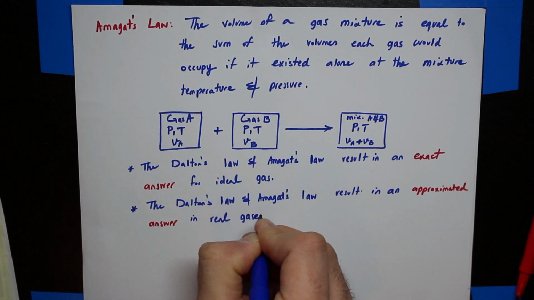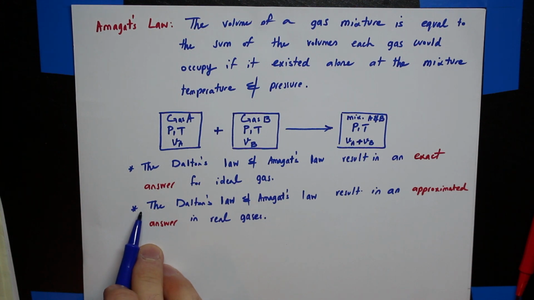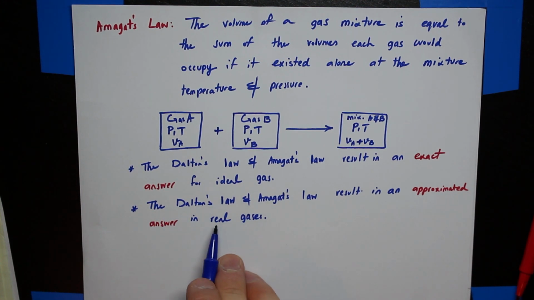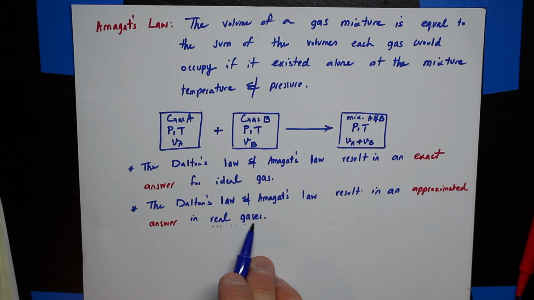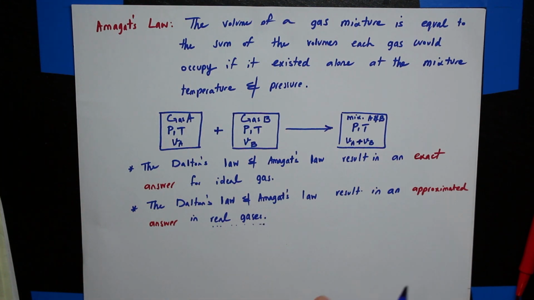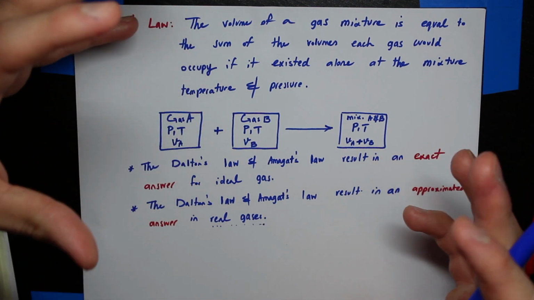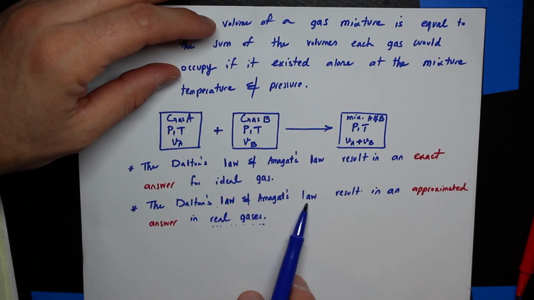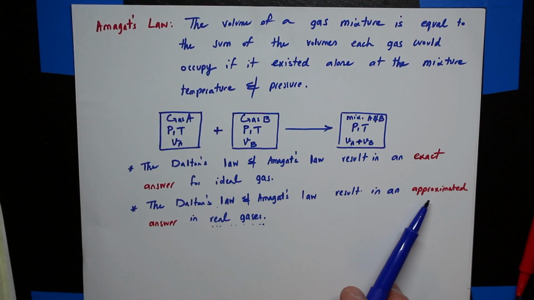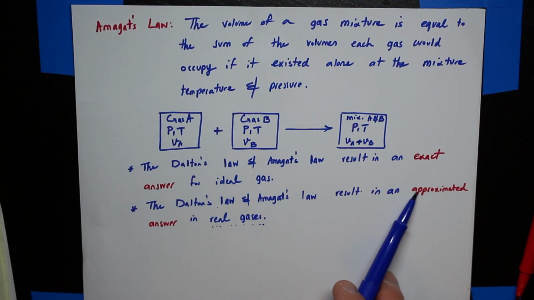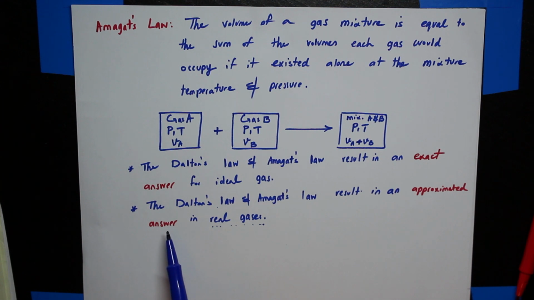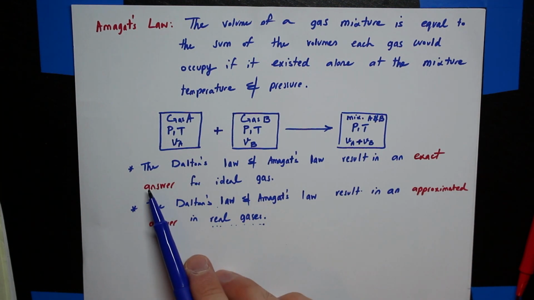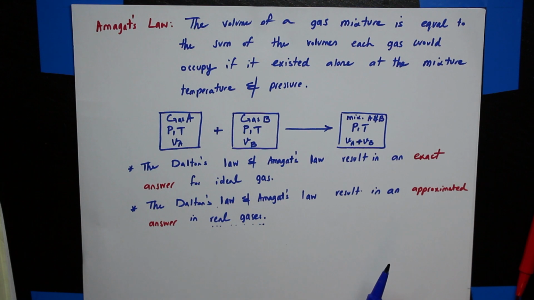So the second bullet item is assuming that our components at the beginning are behaving as real gases. We mix them with each other, and we apply either Dalton's law or Amagat's law to obtain the properties of the mixture. But those properties are approximated answers. They are not exact answers as we would have if the gases were behaving ideally at the beginning.